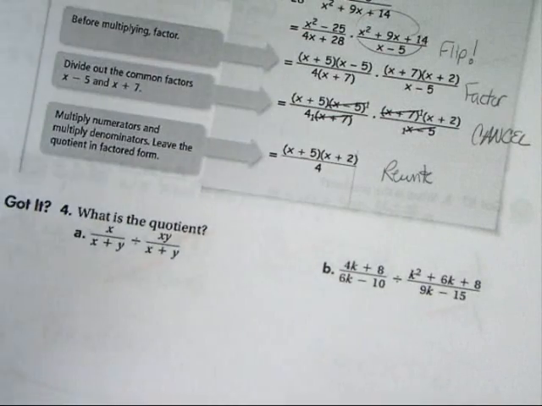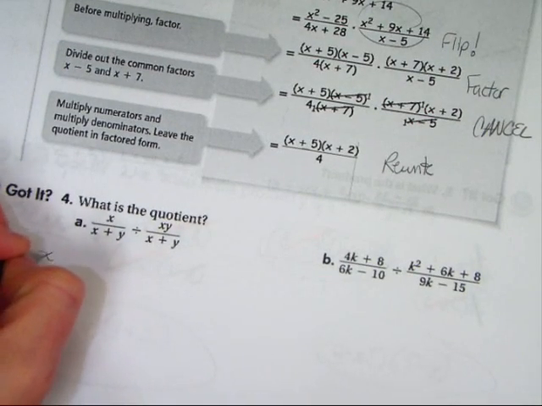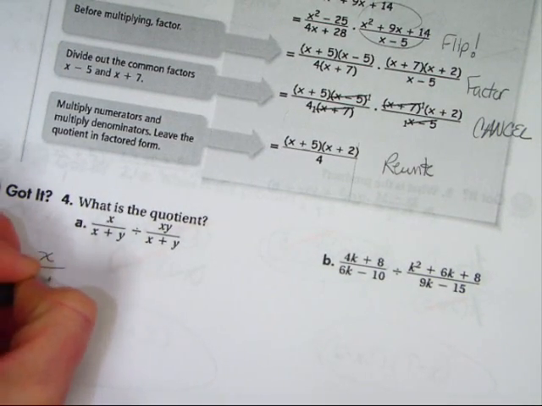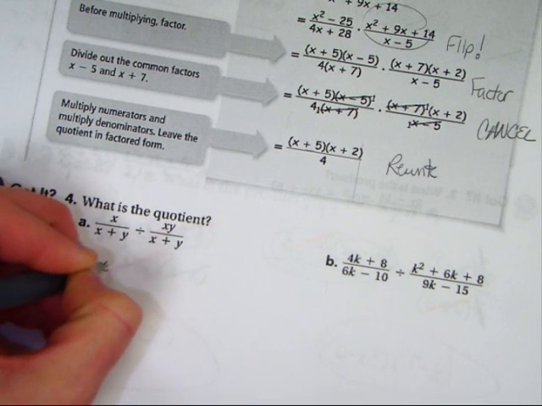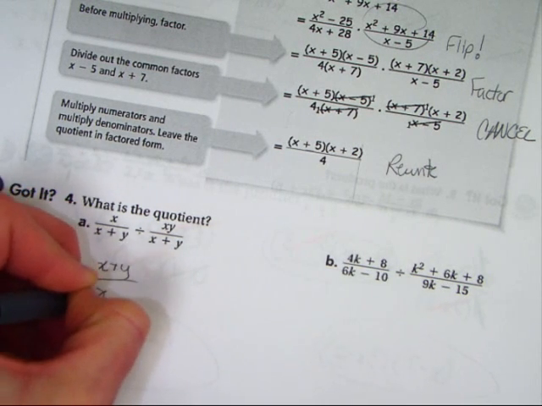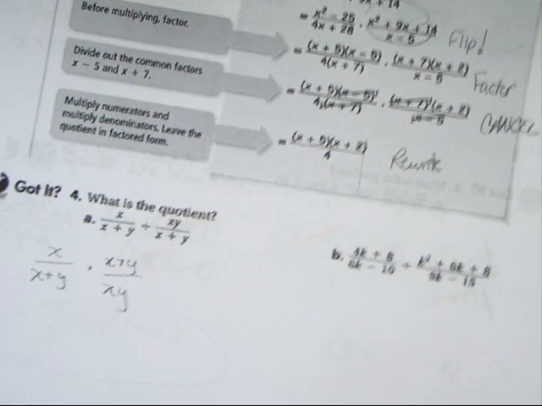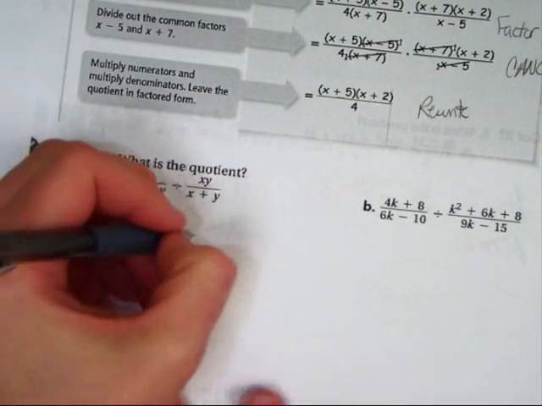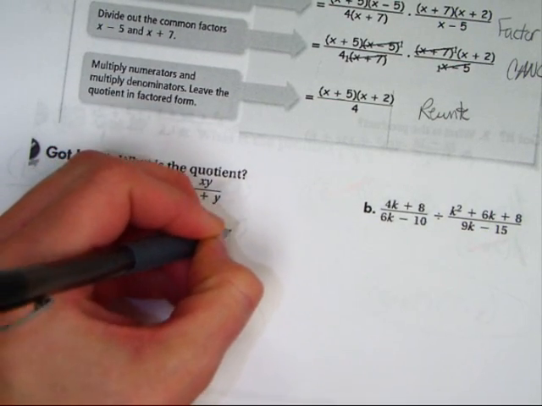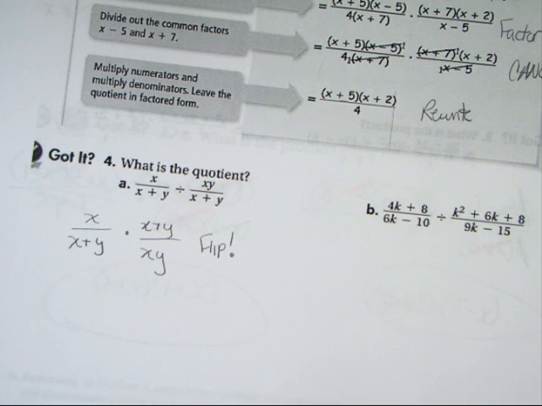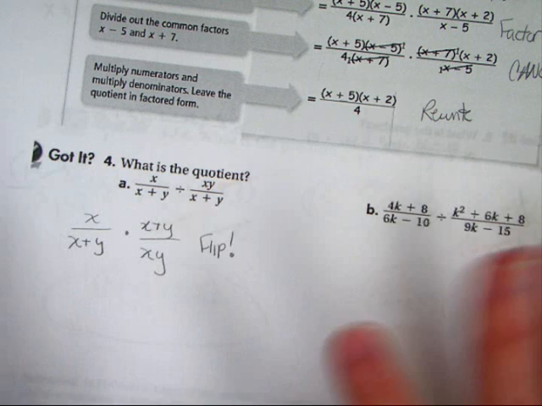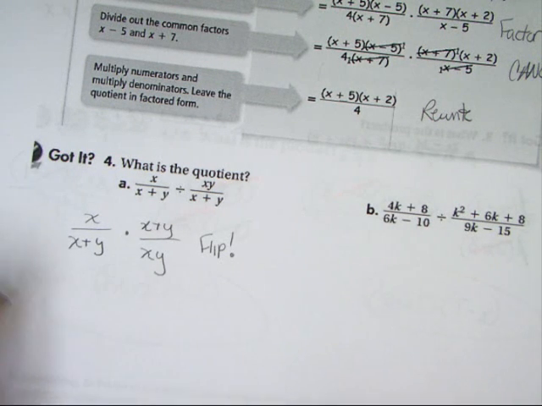Got it, 4a. I keep the first one as x over x plus y, and I multiply by x plus y over xy. I just flipped the second and changed it to multiplication. Okay, this one doesn't factor. They're all factored as much as they're going to get factored, so you're done with that.